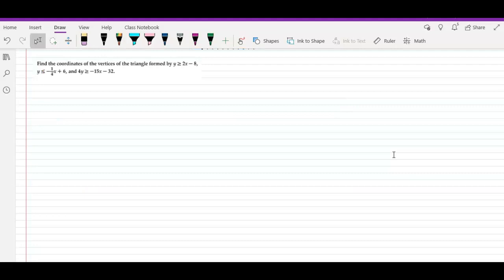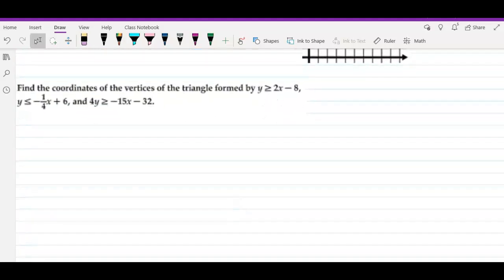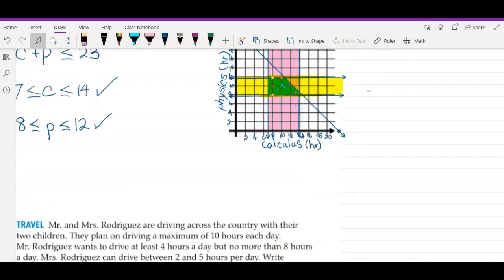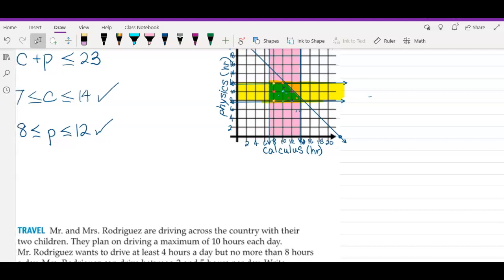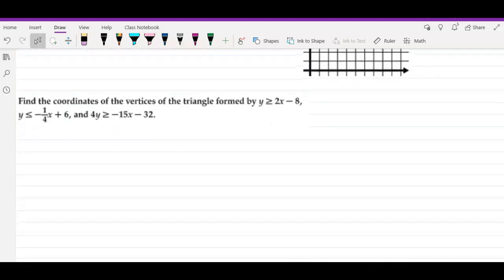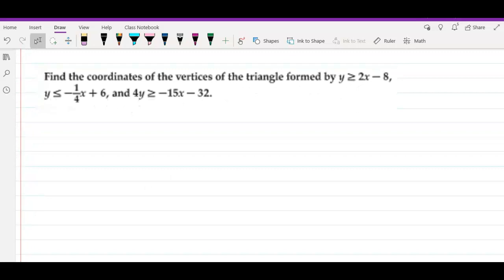The last thing we're going to talk about is finding the vertices of a triangle formed by these three inequalities. If we go back to the problem we were just looking at, we made a green pentagon actually. It had 1, 2, 3, 4, 5 vertices. This last example is just formed by 3 lines, not 5, and it makes a triangle when you graph it.